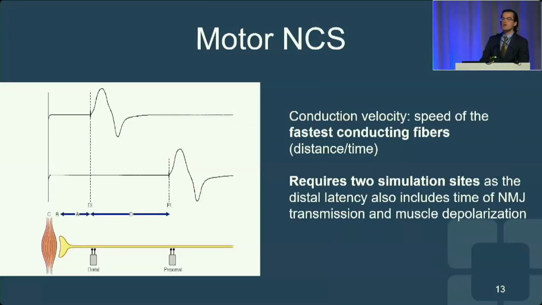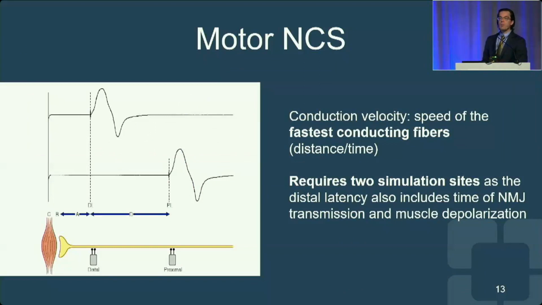So the reason why we need two stimulation sites to calculate a conduction velocity is because that distal motor latency not only includes the action potential that traveled down the nerve, but it also includes time of coupling across the neuromuscular junction, depolarization of the muscle fiber. So there's a lot in that distal motor latency that isn't just how fast the action potential is moving down the nerve.